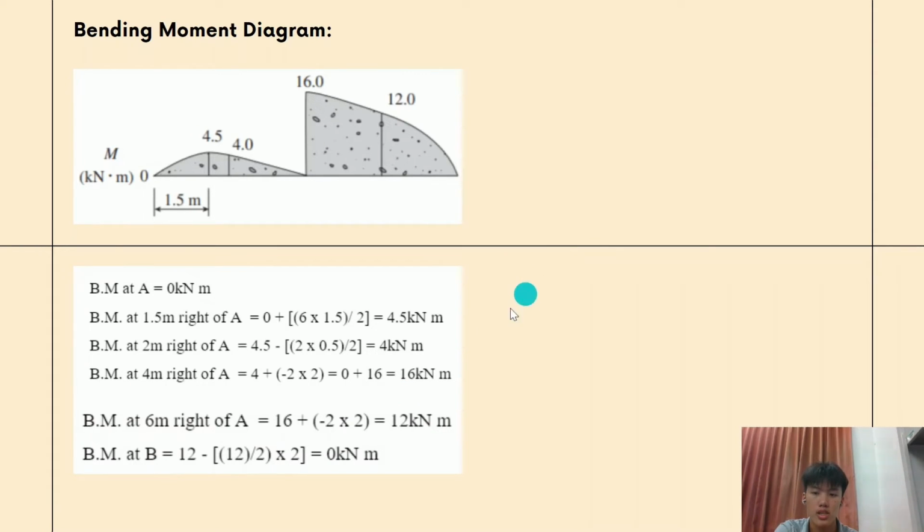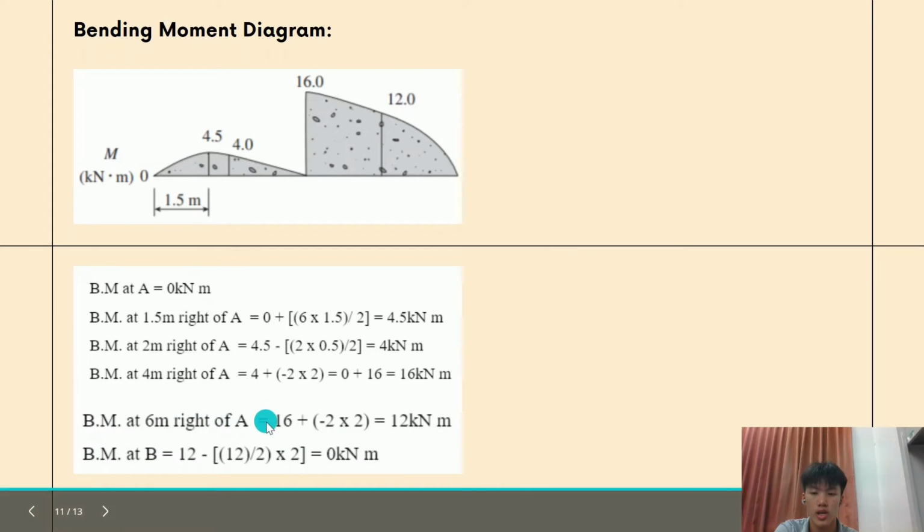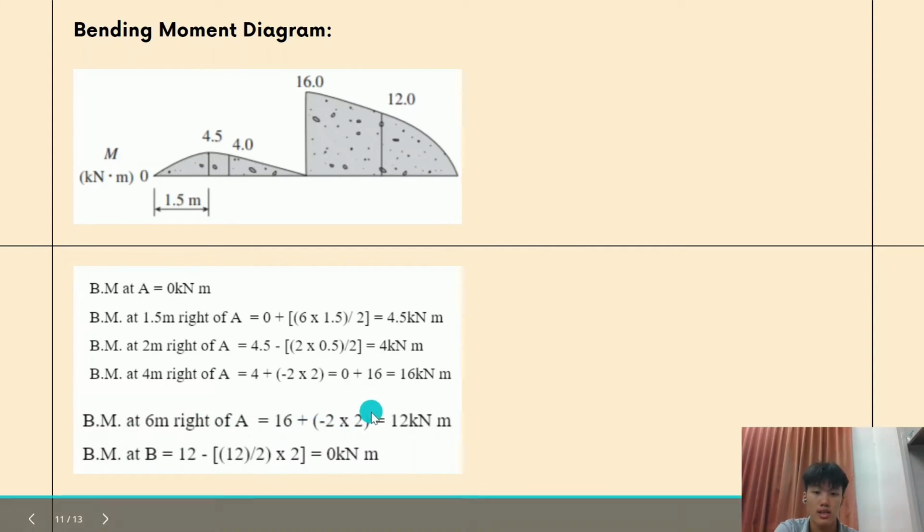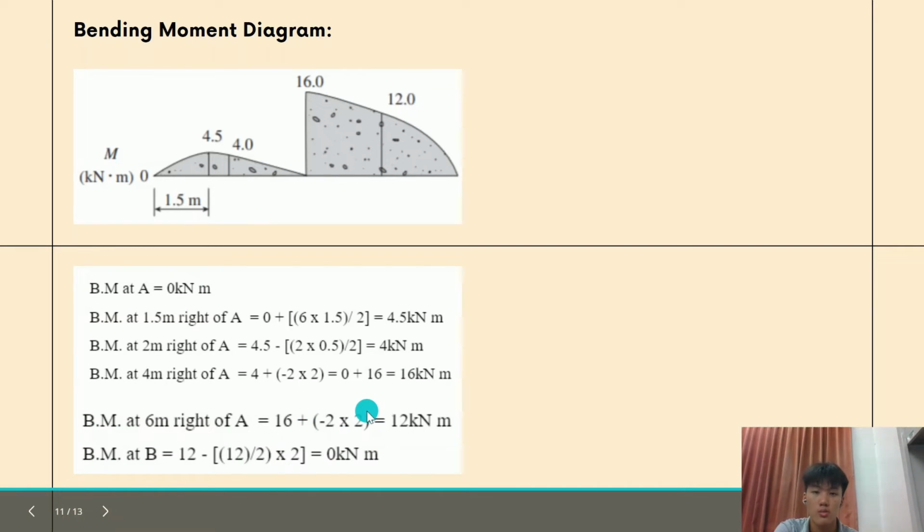For the bending moment at 6 meters right of point A, we just added the product of shear force and distance at this location, while for the bending moment at point B, we just deduct the area under the shear force diagram, and the final bending moment will be equal to 0, back to 0.